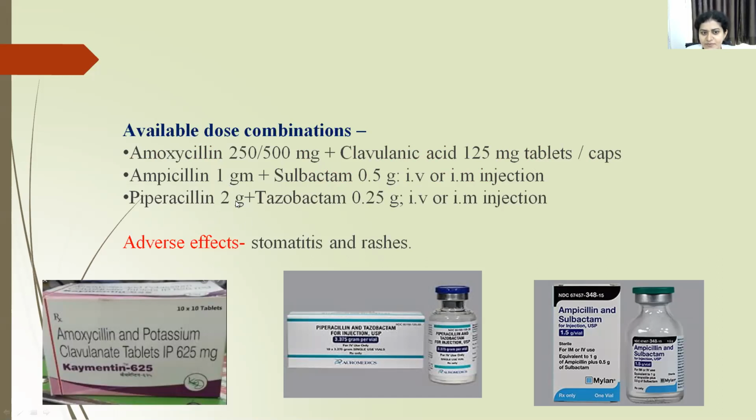Piperacillin is 2 gram with tazobactam, that is 0.25 gram IV or IM. Okay, so these are the fixed dose combinations of amoxicillin, ampicillin and piperacillin, which are combined with the beta-lactamase inhibitors, that is clavulanic acid, sulbactam and tazobactam. And remember the doses. Dose is very important. Remember the dose of these drugs.